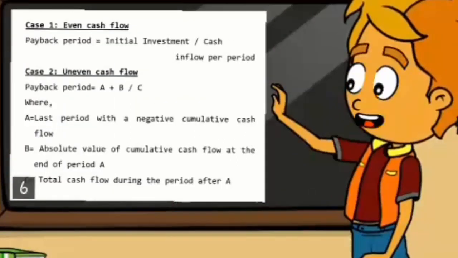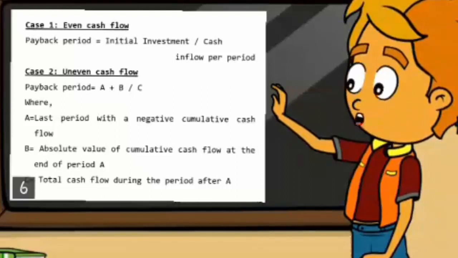There are two cases in payback period: even cash flow and uneven cash flow. In even cash flow, every year the cash inflows are equal, so payback period is the initial investment divided by the cash inflow per period.